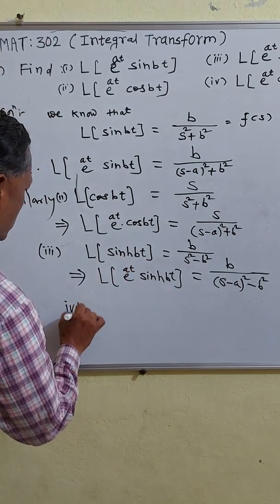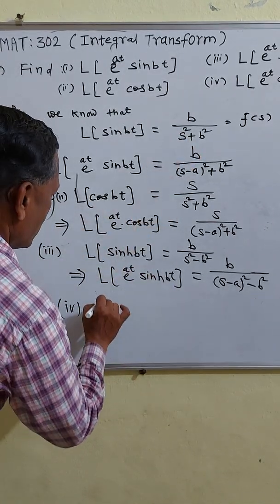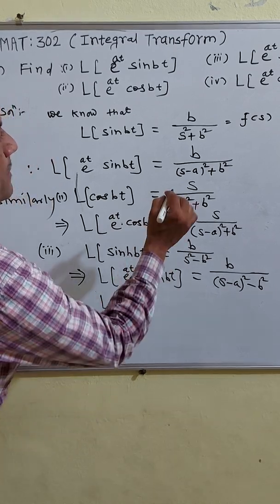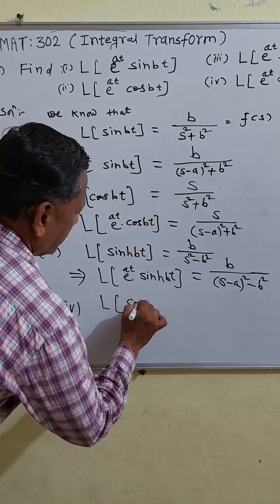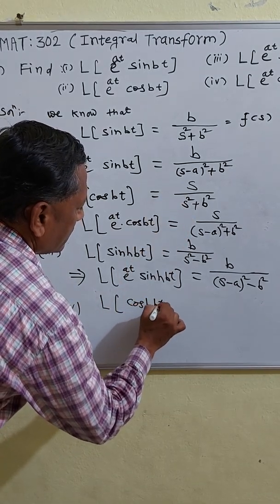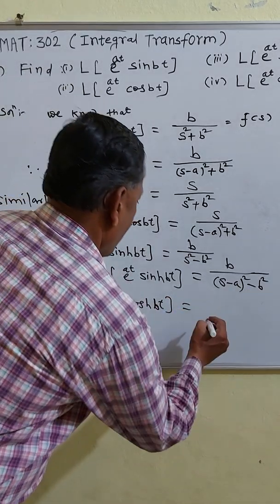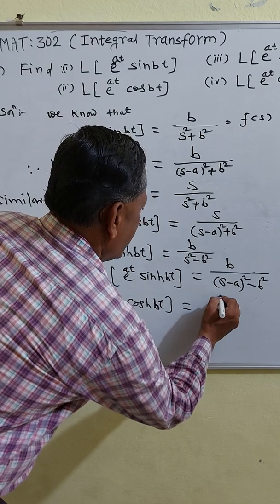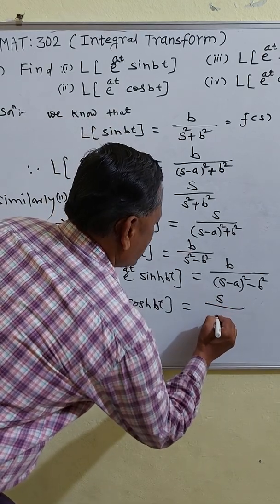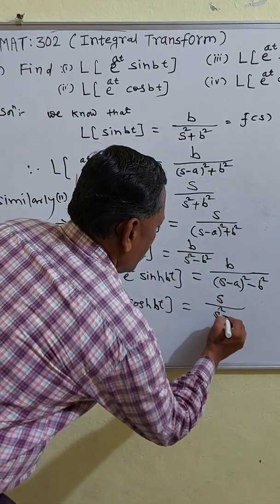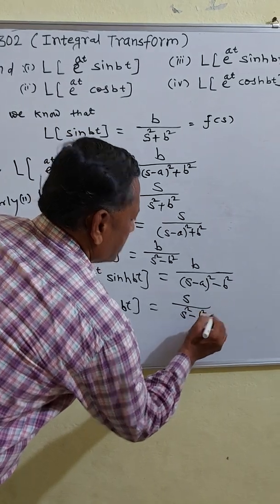And number 4, again you know that the Laplace transform of cos hbt is equal to s upon s square minus b square.